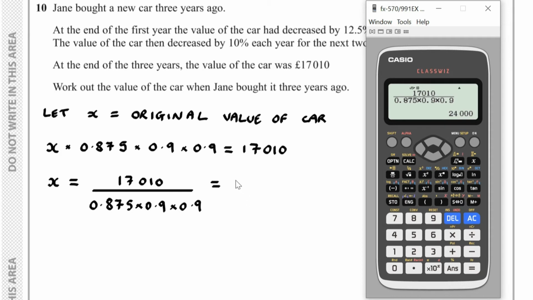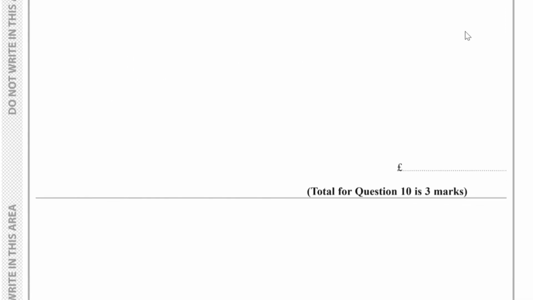It turns out we get 24,000. So the value of the car when it's new is 24,000.